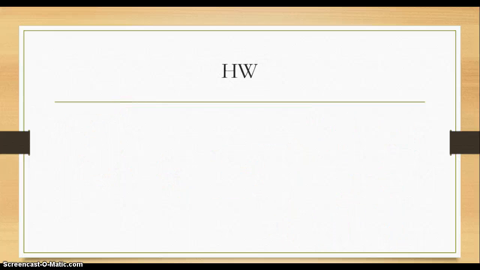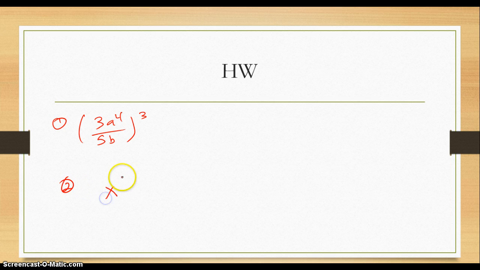So here are a couple examples I want you to work on. (3a to the 4th over 5b) all to the 3rd power. x to the 3rd over y, to the 7th power times 1 over 3x to the 8th.